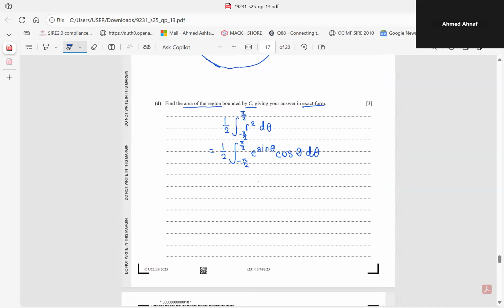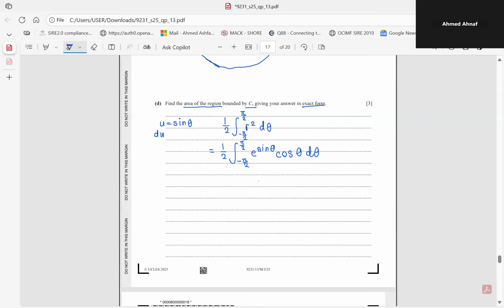Okay, so to integrate this, we are going to use integration by substitution. So we can substitute u = sin θ, and then we'll get du = cos θ dθ. And now let's also change our limits.